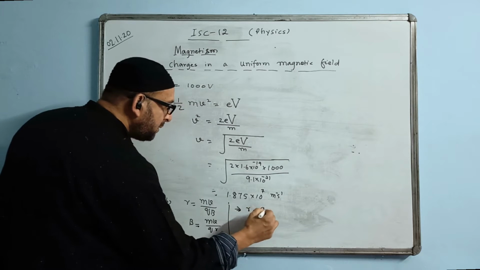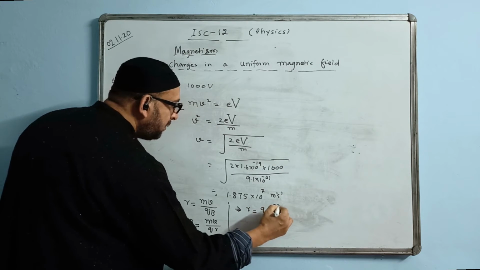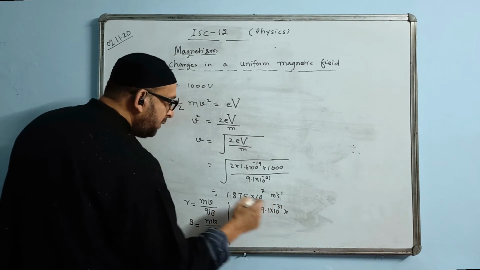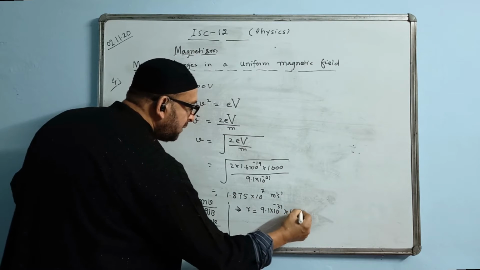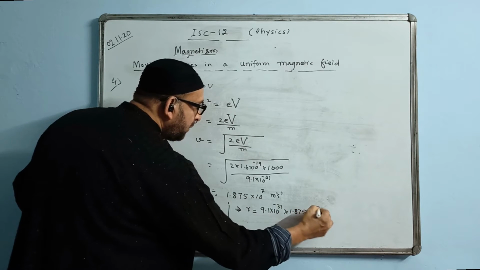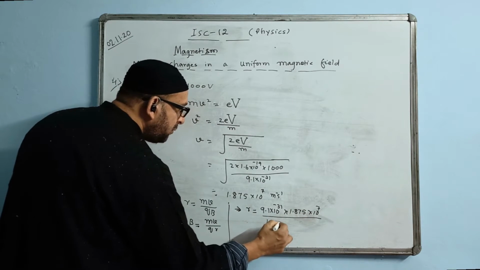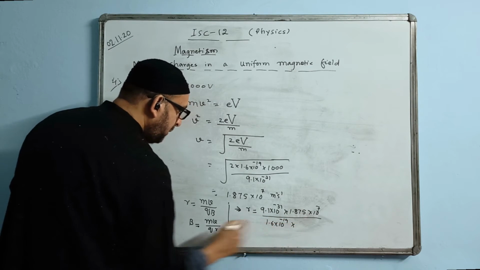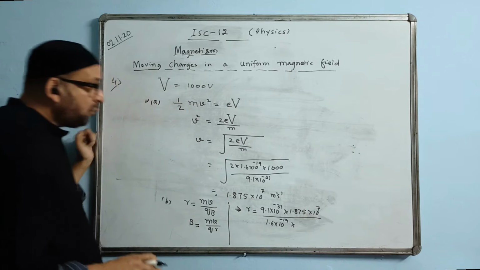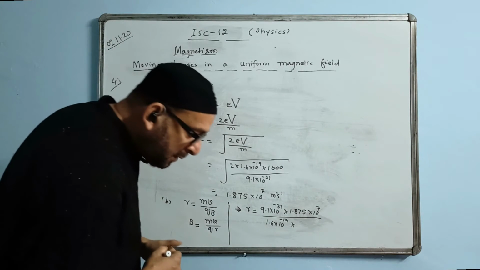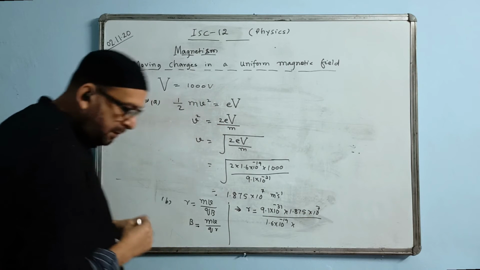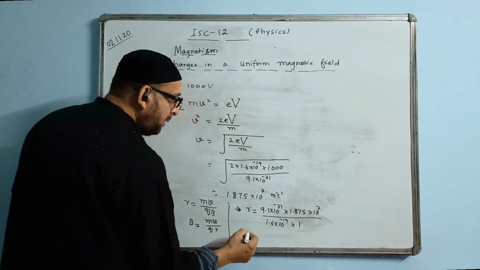Mass of the electron is 9.1 into 10 to the minus 31. Velocity we just now calculated, 1.875 into 10 to the power of 7. Q value is 1.6 into 10 to the minus 19. And the radius value is given in the question, describing a radius of 1 meter. So 1 meter, it is 1.